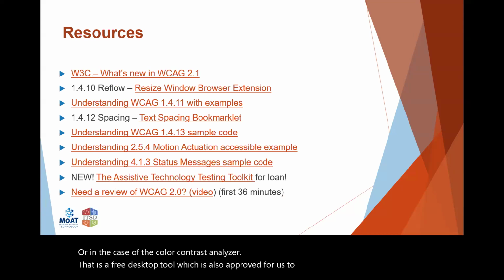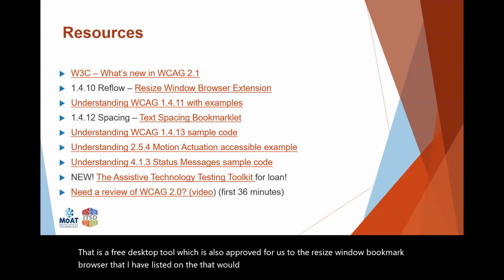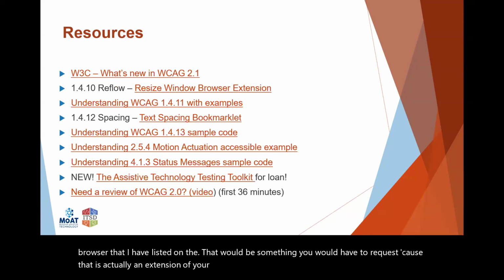The resize window bookmark browser that I have listed on there, that would be something you would have to request because that is actually an extension of your browser, whereas the bookmarklets are just bookmarks. It's not software running inside of your browser.